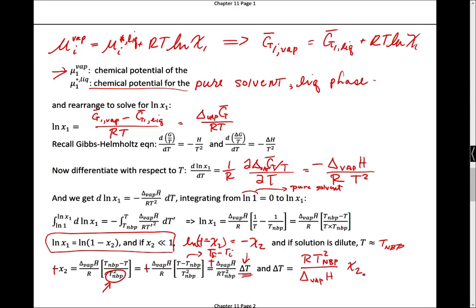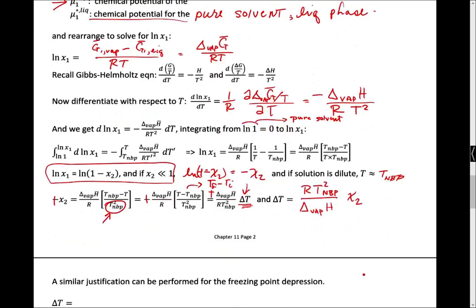The normal boiling point's a constant, R is a constant, and delta H of vaporization is fairly constant. So this is a constant. And because x2 is proportional to m2, this justifies the equation delta T equals KB times m2. Does that make sense?